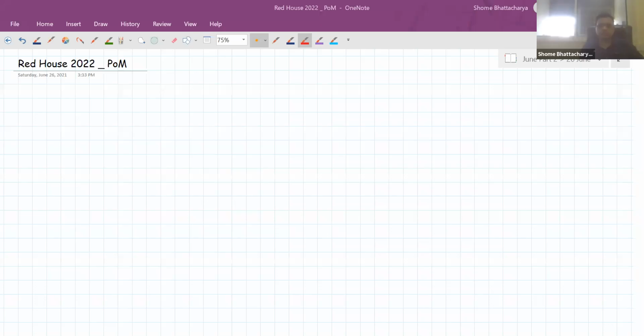So we'll be coming to the second part of properties of matter, which will be to do with the properties of non-ideal fluids, that is surface tension and viscosity. But before that, just a couple more things related to Hooke's law and elasticity.